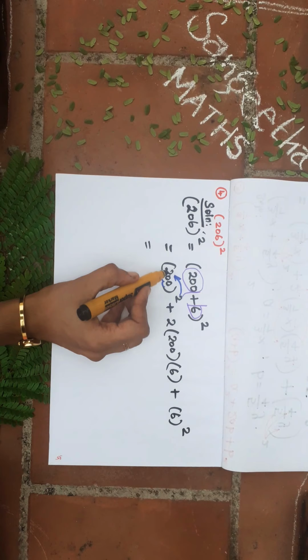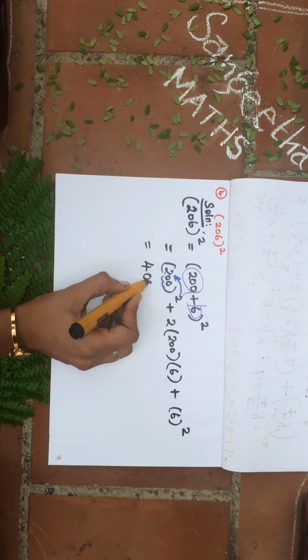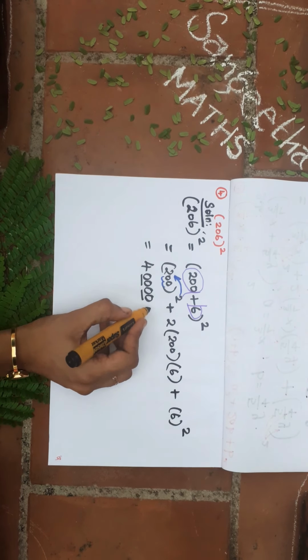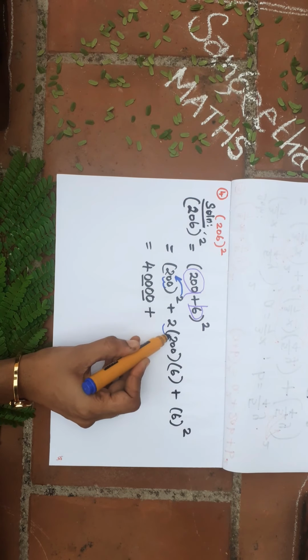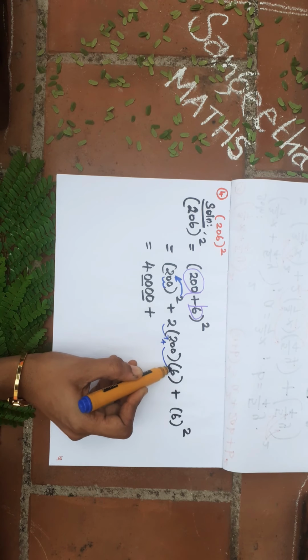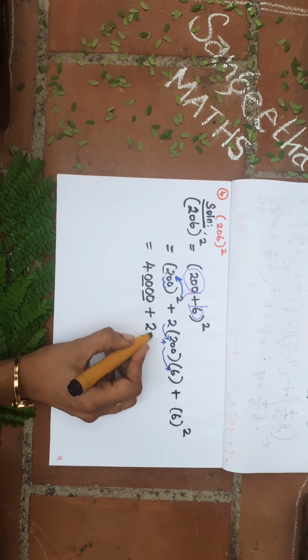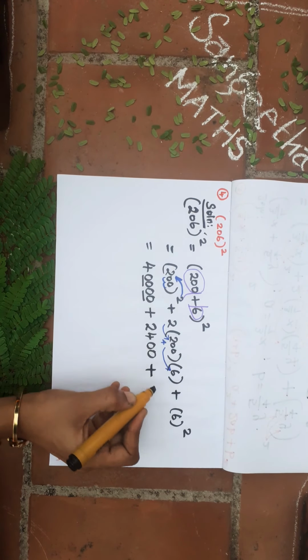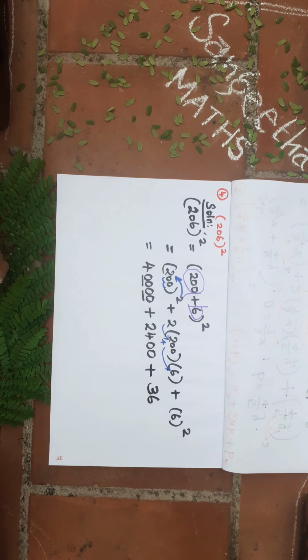What is 2 square? It is 4, and these 2 zeros will double. Plus, let's multiply. 2 2s are 4, 4 6s are 24, and these 2 zeros at the back, plus 6 square is 36, because 6 6s are 36.